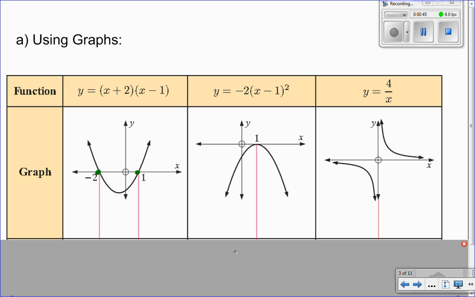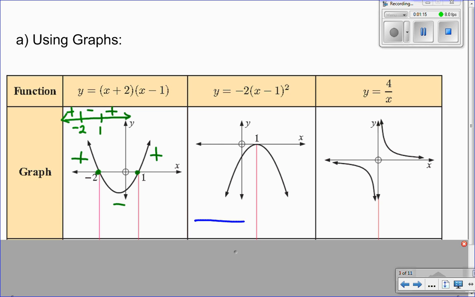So we would illustrate that on our sign diagram by drawing essentially the x-axis and the points negative 2 and 1. And we can see that our function is above the x-axis. It's positive until negative 2, so we draw a little plus. And then we can see it's negative between negative 2 and 1, and then it's above the x-axis again for the rest of the function.